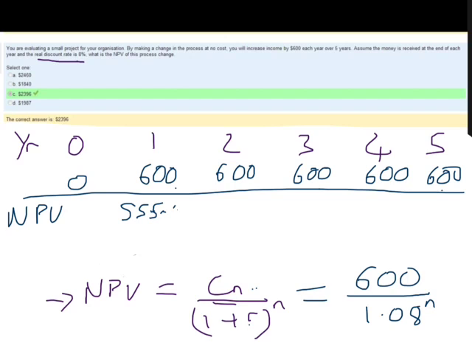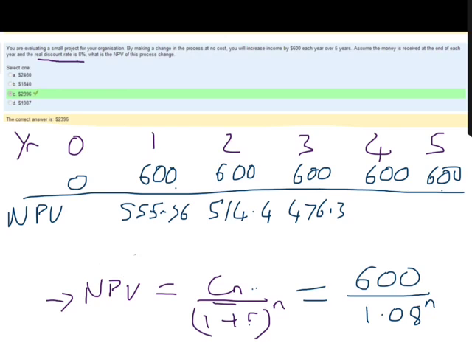555.56. And then we've got 600 divided by 1.08 squared, that's going to be 514.4. 600 divided by 1.08 cubed, you've got 476.3.